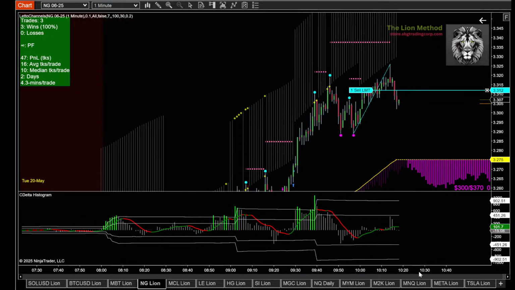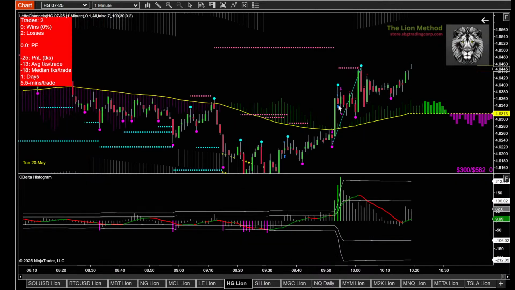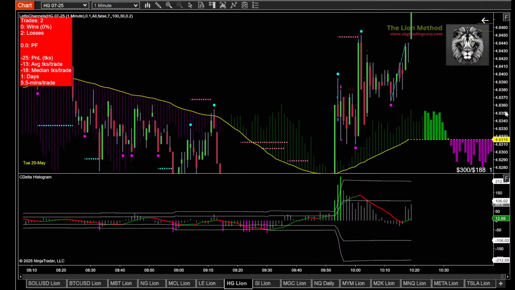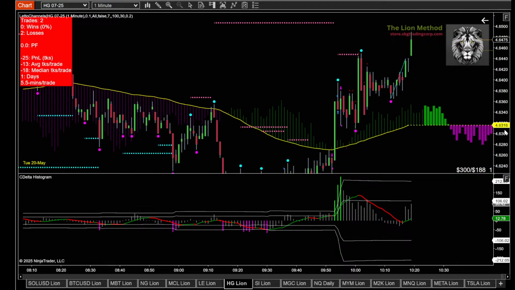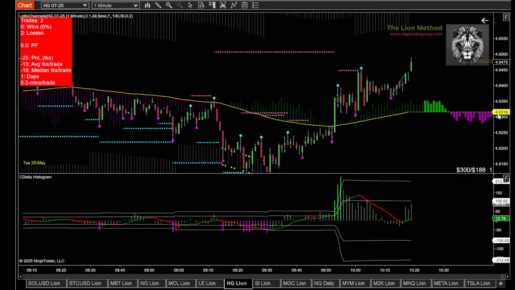I made the mistake of chasing copper. Well, I guess it's not a mistake of chasing it, but my mistake with moving our stop so tight. We had a 10 tick stop, and it moved. Market looked like it moved 12 or 13 ticks against us.